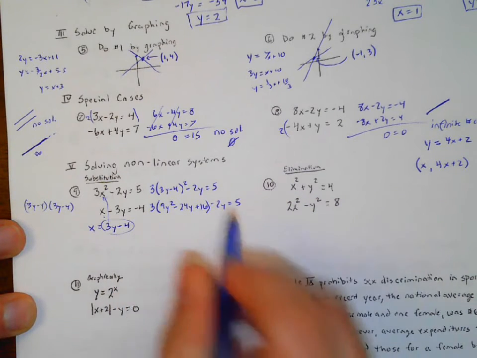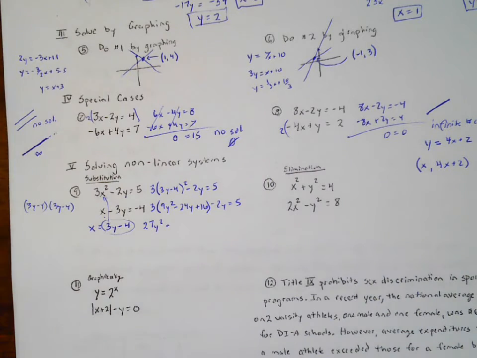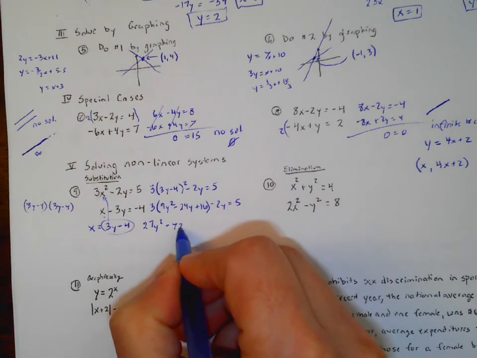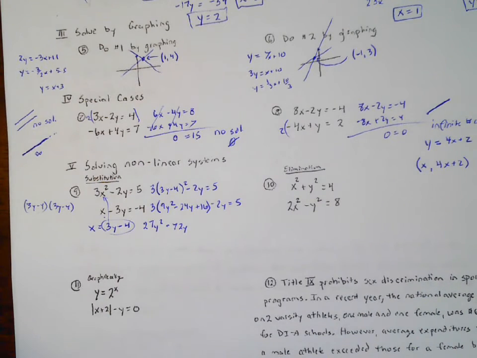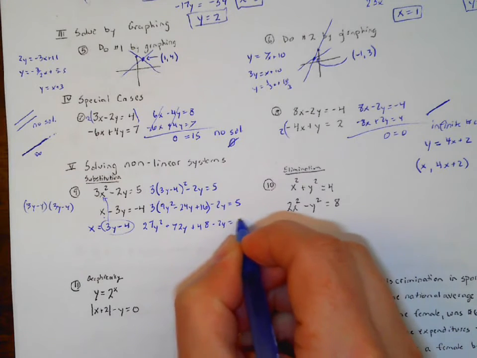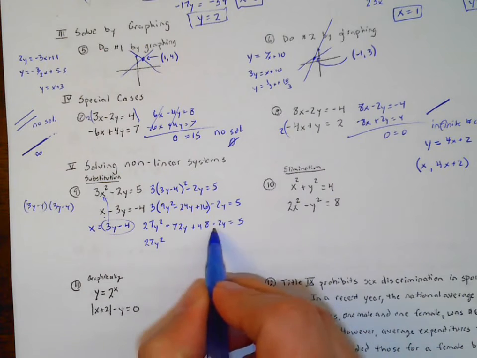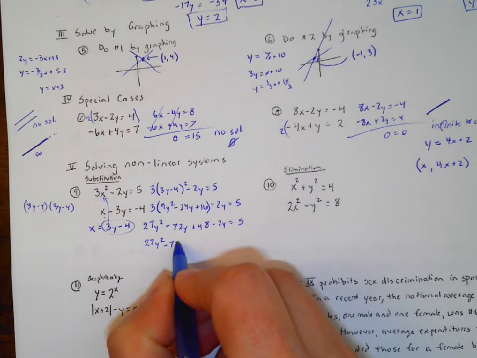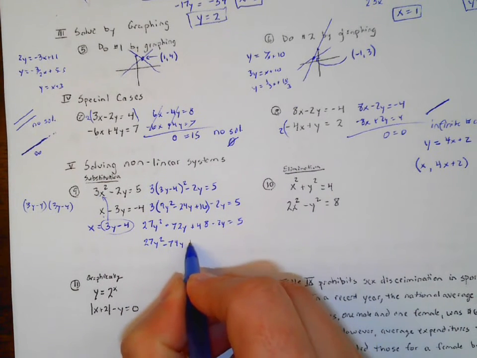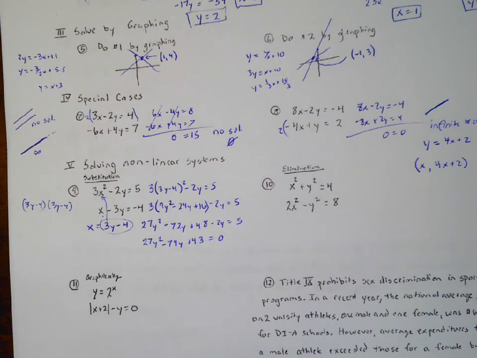Okay, multiply this through. 24 times 3. Okay, add these y's together, that's negative 74y, bring the 5 over, and I have a quadratic to solve now.